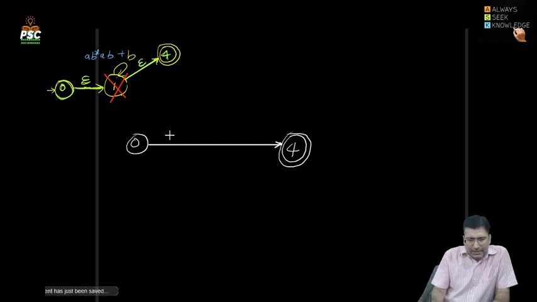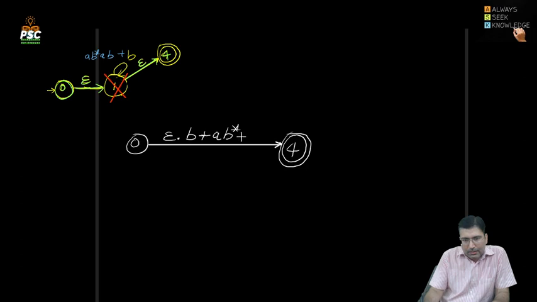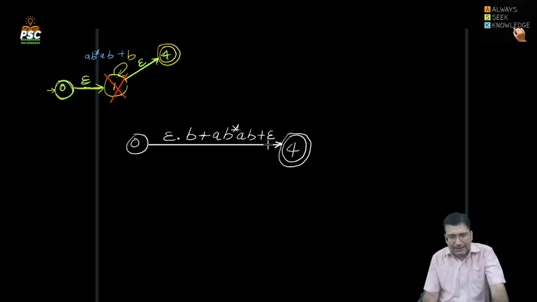I'm going to get epsilon concatenated with what is here, B or A B asterisk A B. That epsilon is actually concatenated, not or.